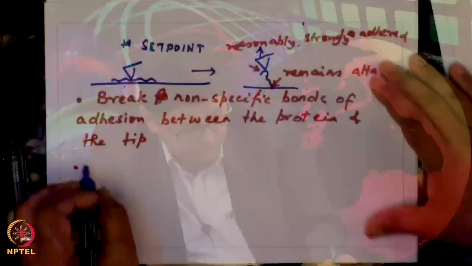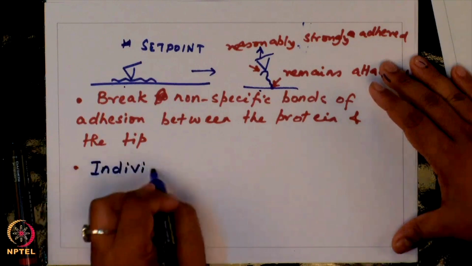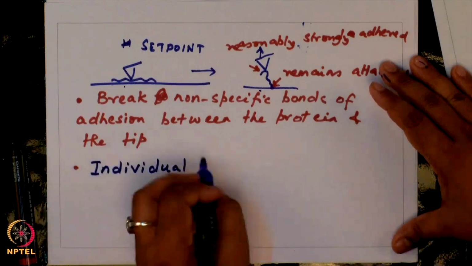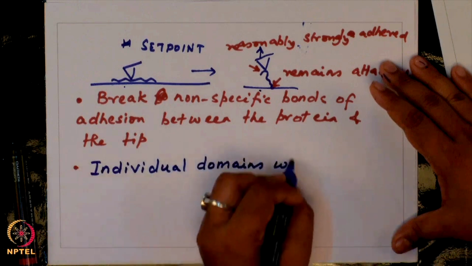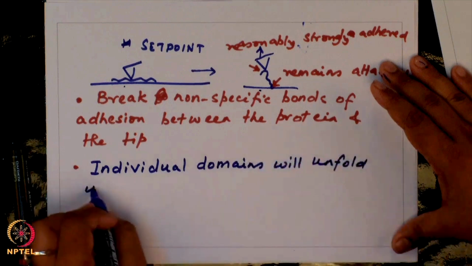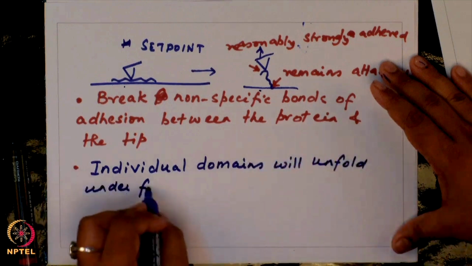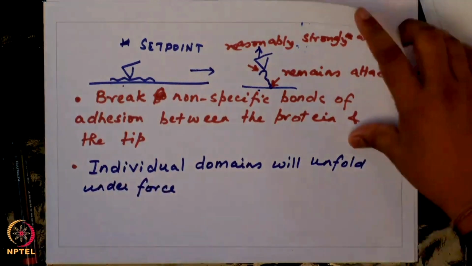So, what you have is the case where individual domains will unfold under force. Okay. So, this is the second step.